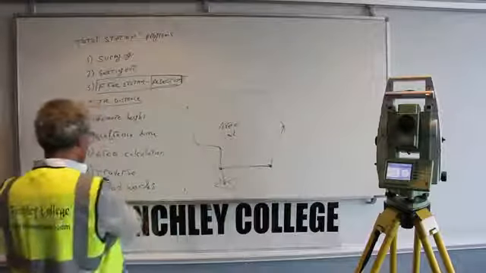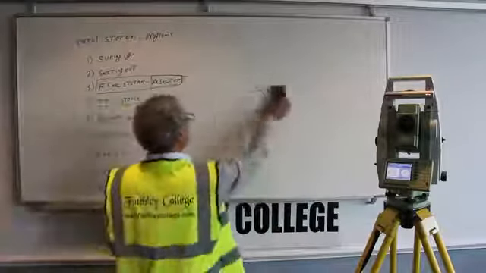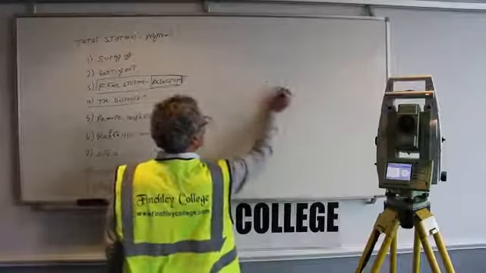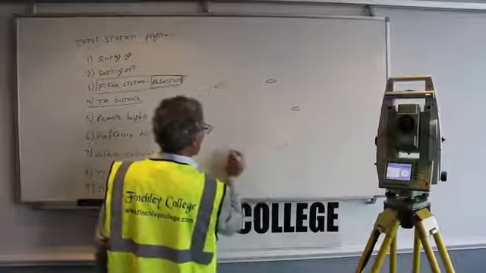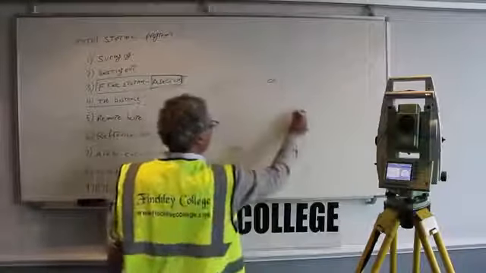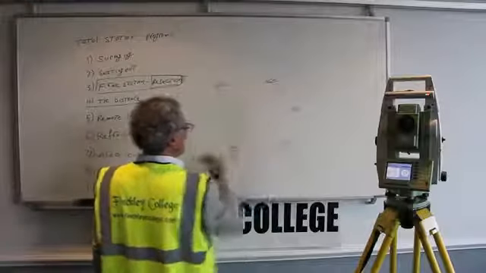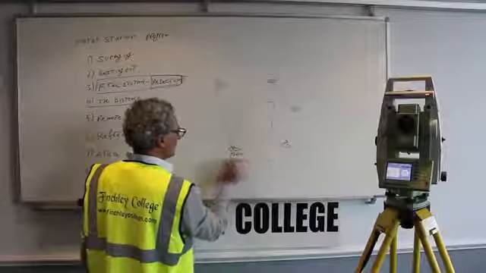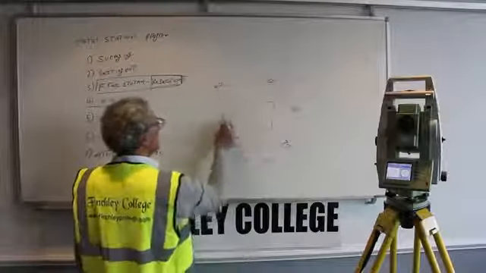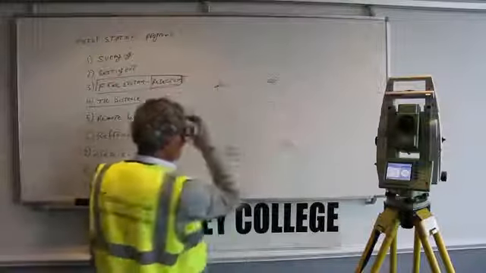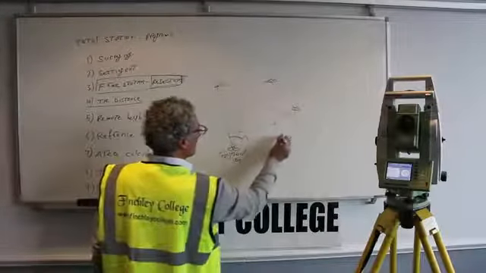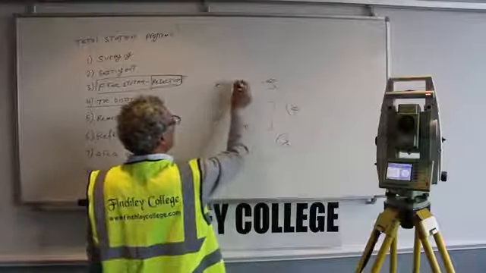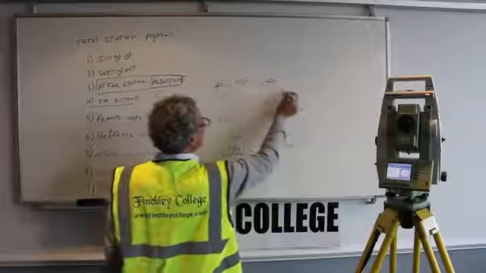The next program you may be using sometimes is the Traverse program. The Traverse program is the one where you set up some stations around the site, and again you create a traverse, and this is your building site, and you will work out, say you start with the easting of 500 and 1000 for your first point, and then you work out the coordinate for all other points based on the internal angles and based on the distances between each leg of the traverse.